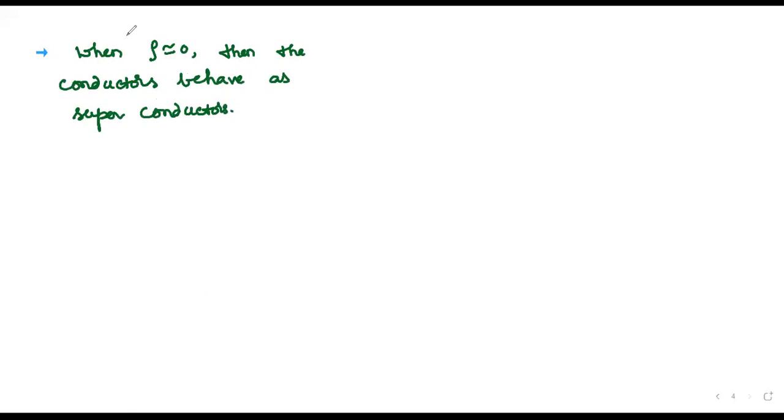Apart from these, we have another type of materials. They are semiconductors. For semiconductors, we say alpha is negative. It is very important. Alpha is negative for semiconductors. What does it mean?